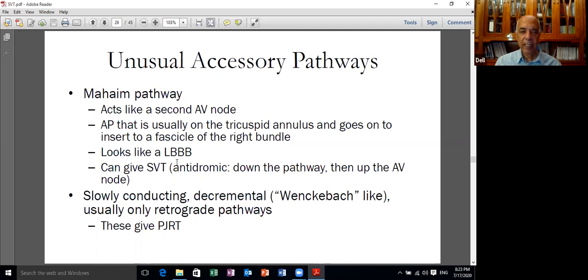And this is the second unusual form of accessory pathway, which produces decremental conduction. Usually the accessory pathway does not produce decremental conduction except under these two circumstances. And decremental means that if you accelerate the impulse passage through the pathway, it decays. It produces Wenckebach conduction, and then it stops conducting altogether.